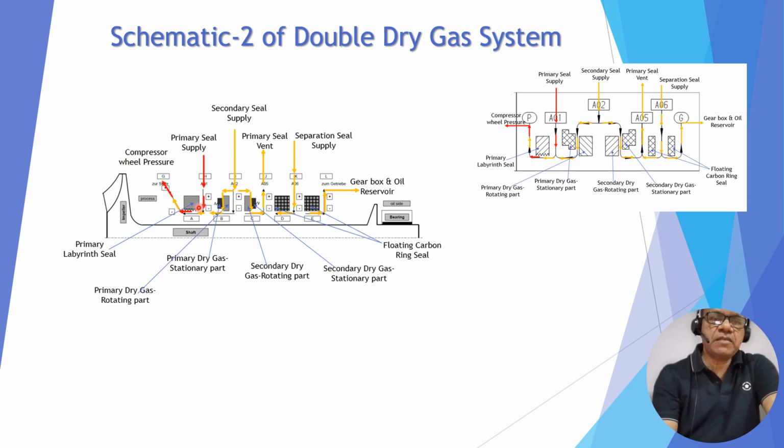This is the primary supply, 100% gas will pass through to the process side. This is high pressure nitrogen. This pressure should be more than this, so there will be leakage through the faces and mixing into the process side, and on this side it goes to the primary vent, which is connected to the flare. This is low pressure nitrogen. This pressure should be more than this, so there will be leakage and mixing with the primary vent, and on this side there is leakage going to the oil reservoir.